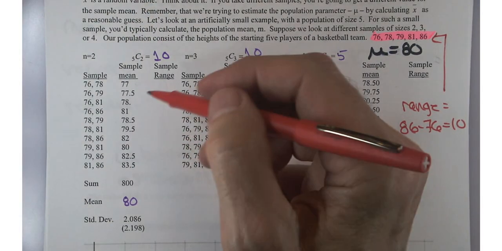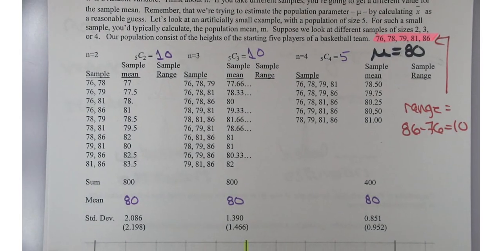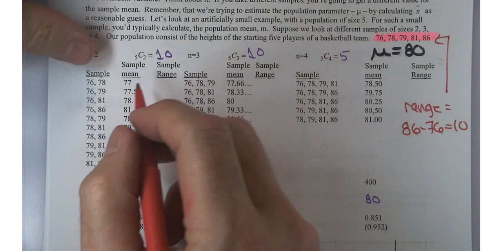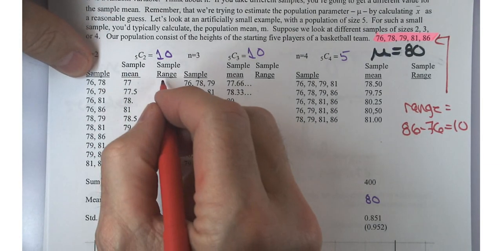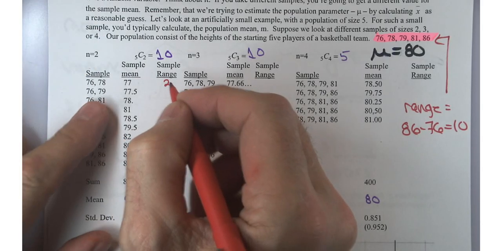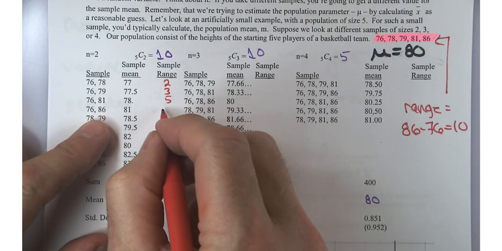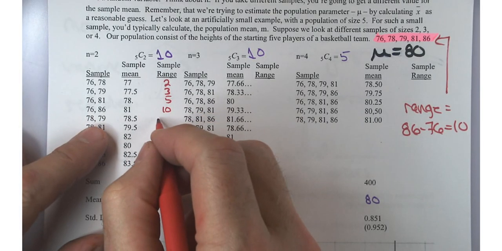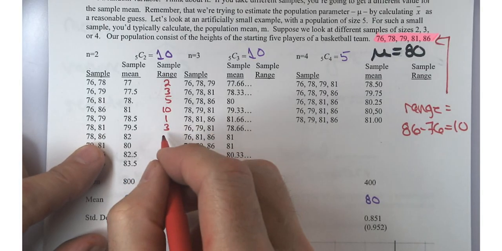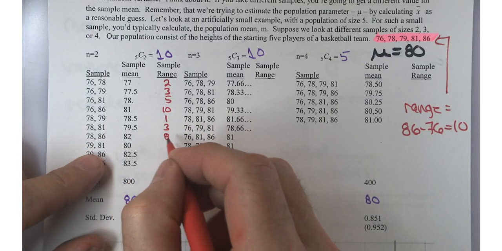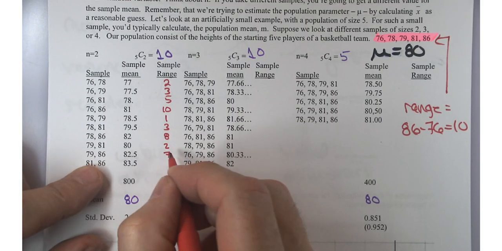Let's take a look at the sample range for all of these. The range is the top minus the bottom. If our sample only consists of these two, that would be a 2, a 3, a 5, a 10, a 1, a 3, 8, 2, 7, and 5.